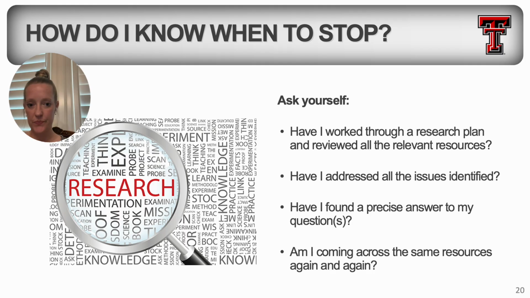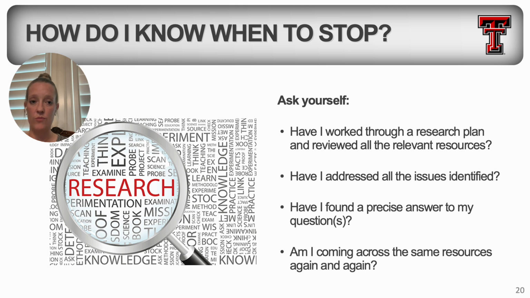Okay, so how do I know when to stop, right? We've talked about our full process, moving from step one, doing that preliminary analysis, into step two, looking through secondary sources, and then thirdly, looking to codified law, and finally case law with step four.